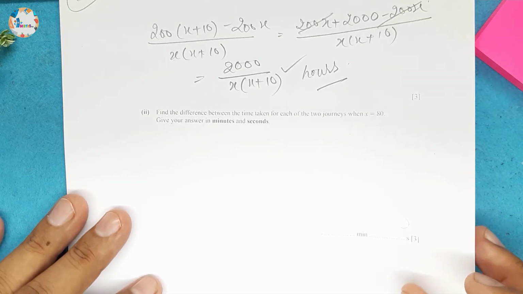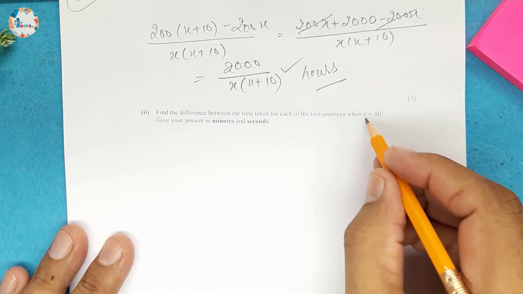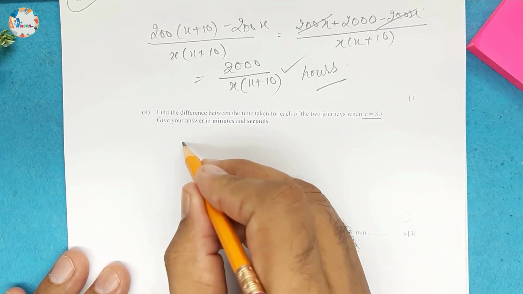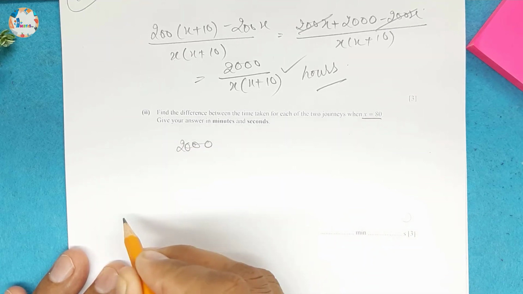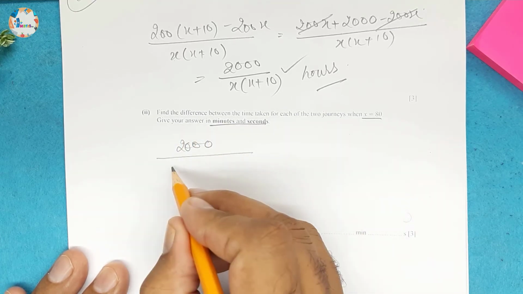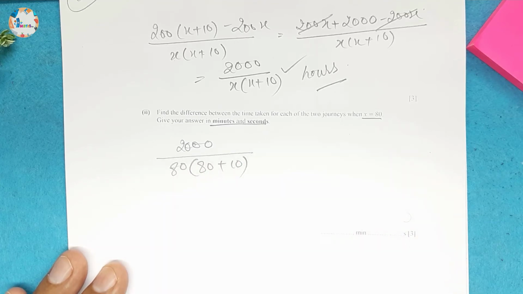Now the second part: find the difference between the time taken for each of the two journeys when x is equal to 80, and give your answer in minutes and seconds. So we will replace x with 80 in this one: 2000 divided by 80 into 80 plus 10. The rest is just calculation.